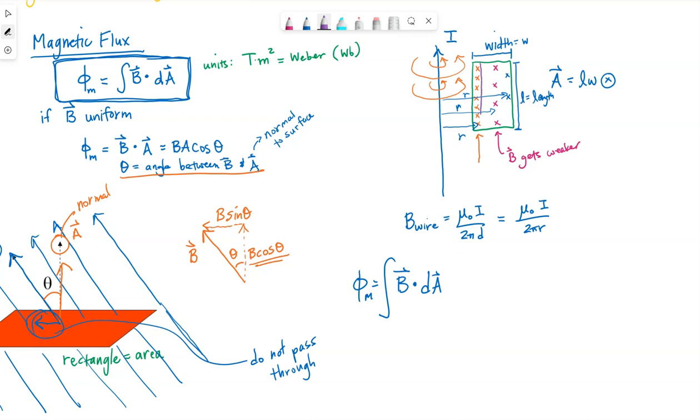Here, I know that any portion of this that is the same distance away from the wire has the same magnetic field in it. So I'm going to call this a dA, an infinitesimally small area where the magnetic field is uniform.